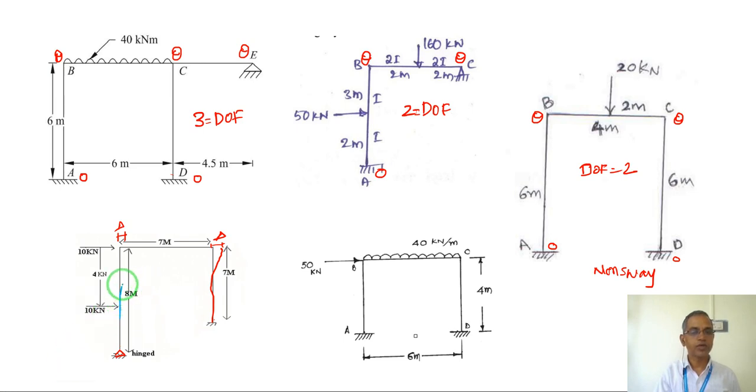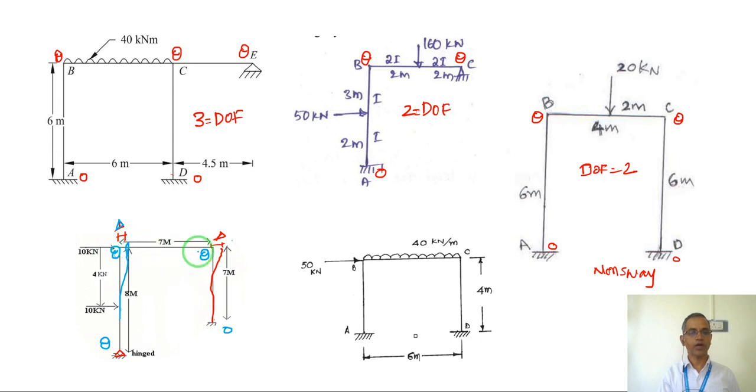The displacement is something like this, delta here. Here, being hinge, this joint will not have any translation, only rotation possible. At this joint, rotation and 1 delta. Here 1 rotation and 1 delta. Here no rotation, no delta, it is 0.